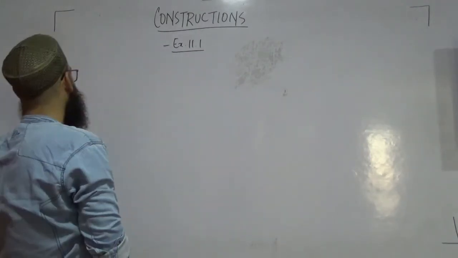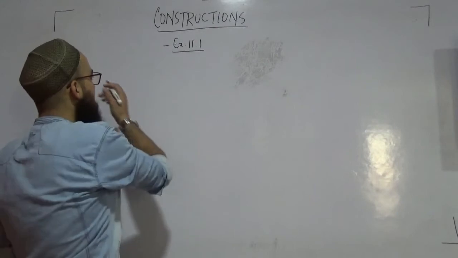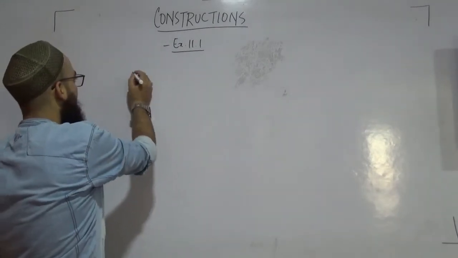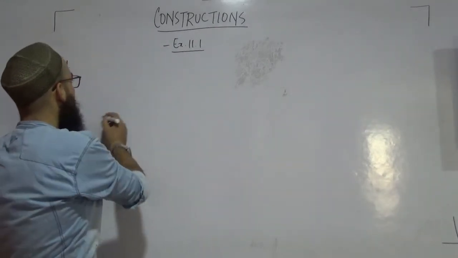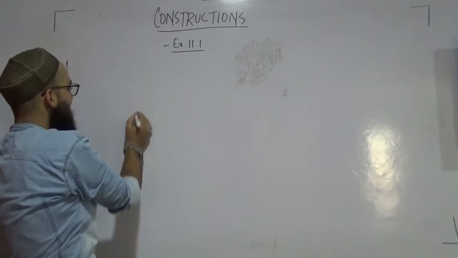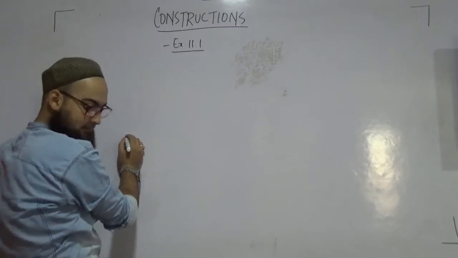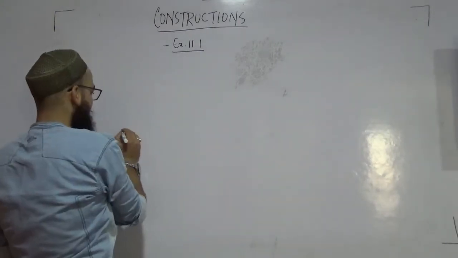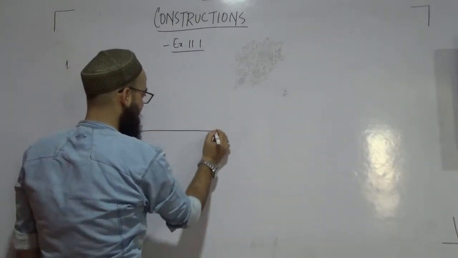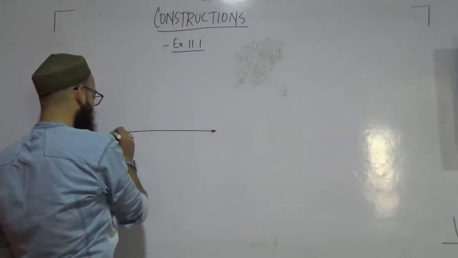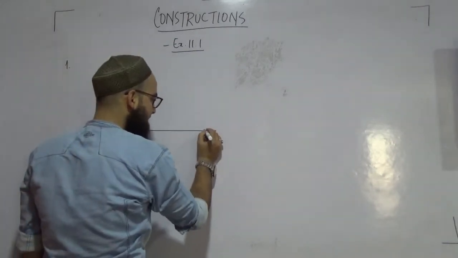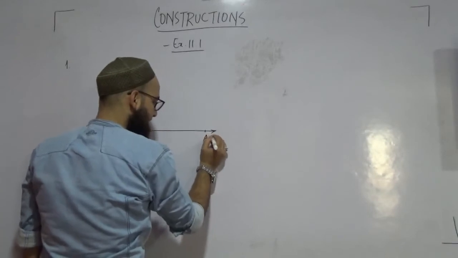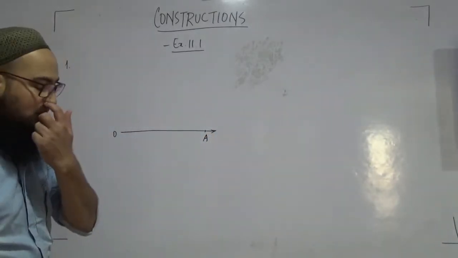What you'll do, first of all, at an initial point of the given ray. So let us say this is a ray OA.